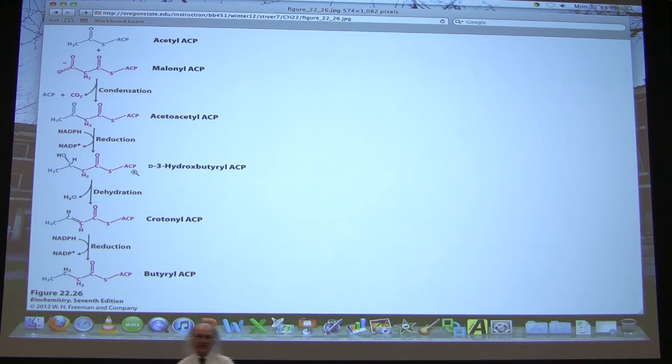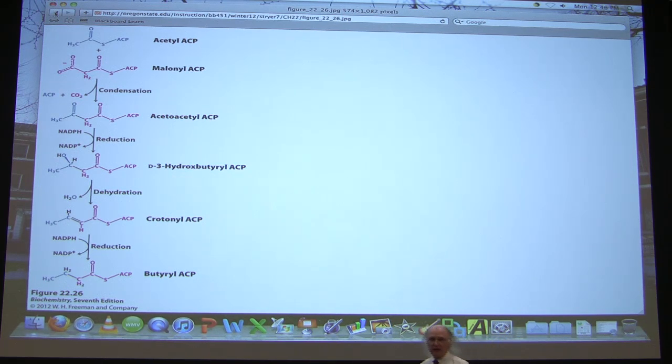Acetyl-CoA carboxylase is not in fatty acid synthase. That's a separate enzyme. Keep that in mind. This guy here has all these other reactions that are important for the process to occur. Okay, so now we can make fatty acid. We've gone through one cycle. Now this becomes the starting material for the next cycle. So instead of having an acetyl ACP, we would have a butyryl ACP, and we would add 2 of another 3.